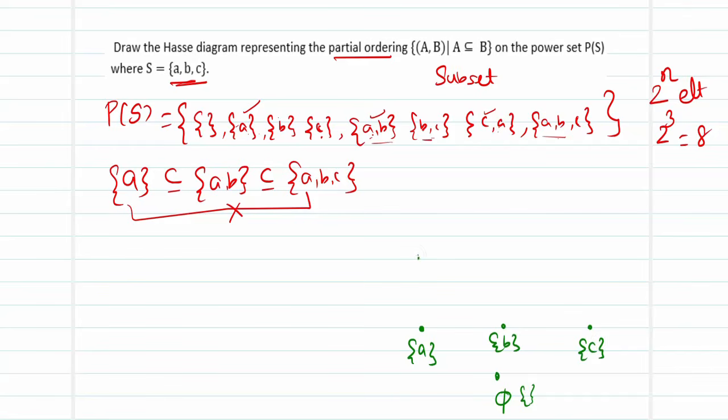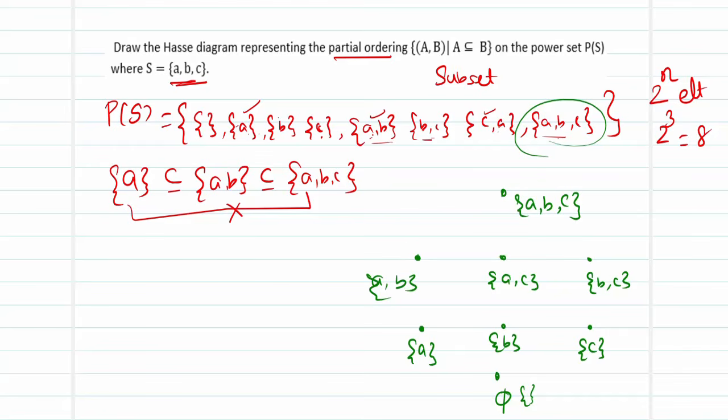And next comes your ab, which is going to be there in the center, and next bc, and the last one with your ac. And on top of all is the tripleton set. This is my abc.